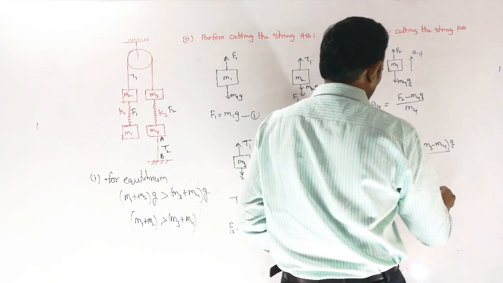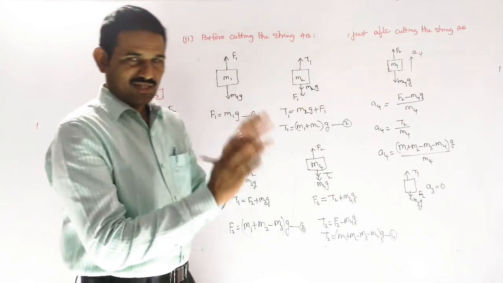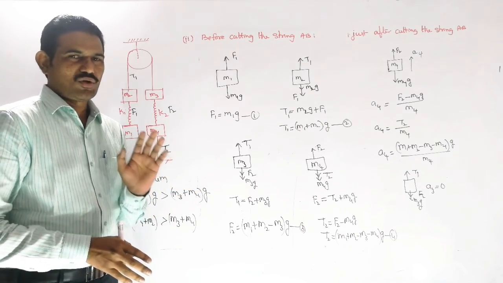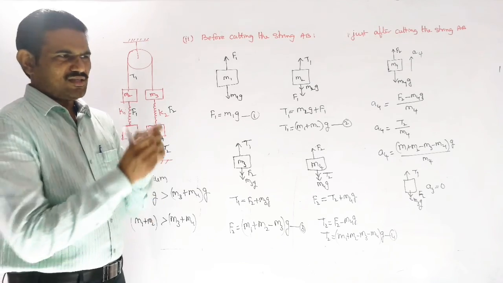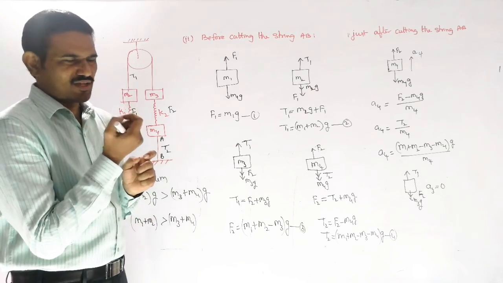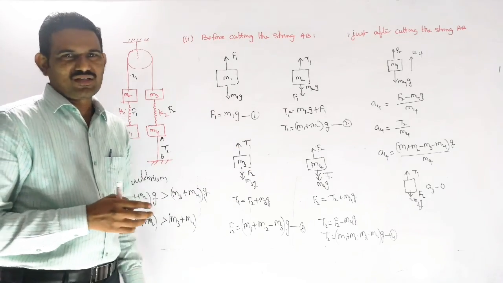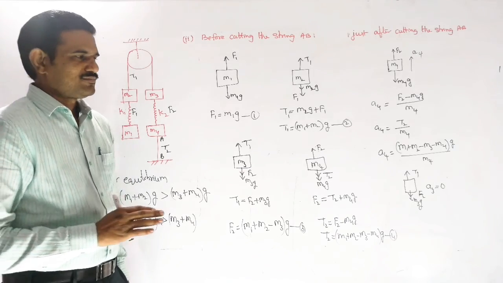So I can write A3, the acceleration of this block, will be 0, because it still remains in equilibrium, not for a long time. So don't think it is for a long time, just immediately after cutting only. After a fraction of a second, it also starts accelerating. Our question is just after cutting that string, so its acceleration will be 0, right?